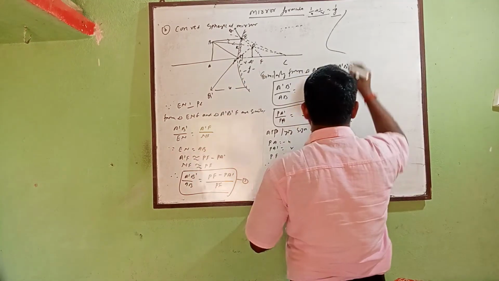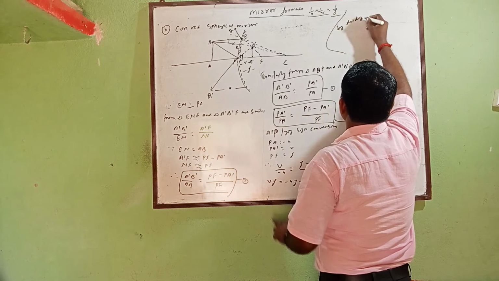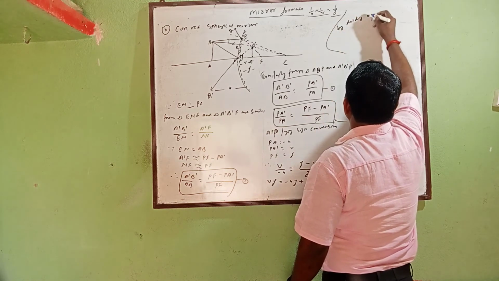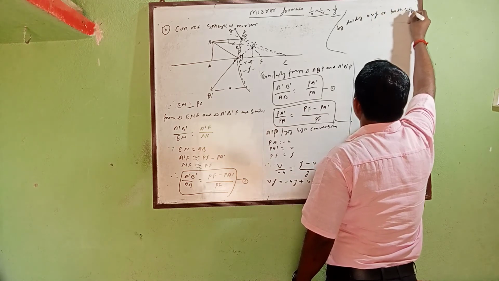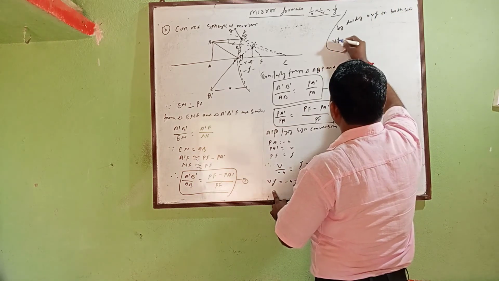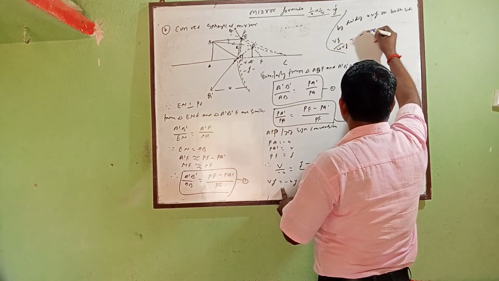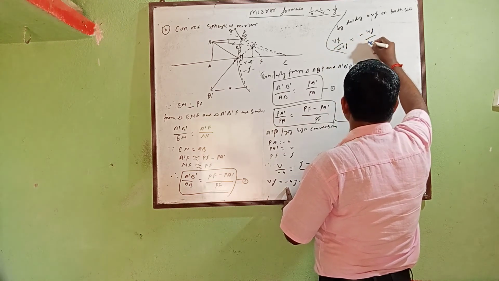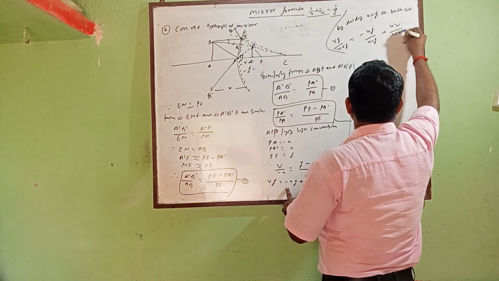By dividing by UVF on both sides, what you will write? VF by UVF equal to minus UF by UVF, plus UV by UVF.